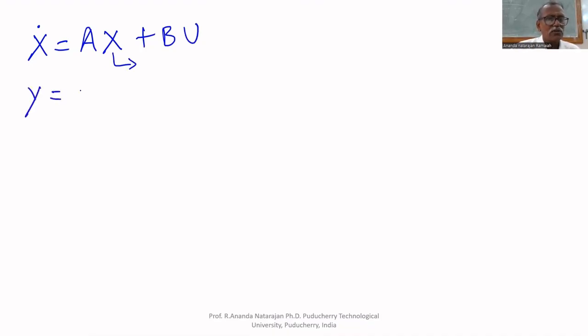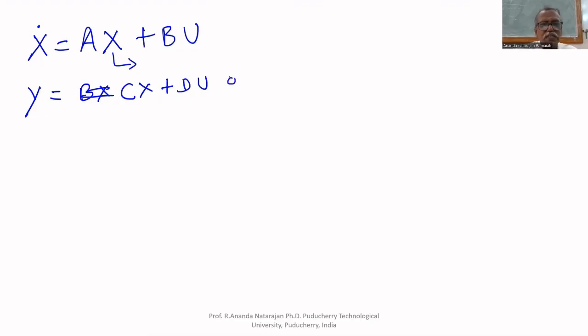Therefore, I can write the state model as X dot equals A matrix multiplied by X plus BU, where X is the state variable matrix, and Y equals CX plus DU.